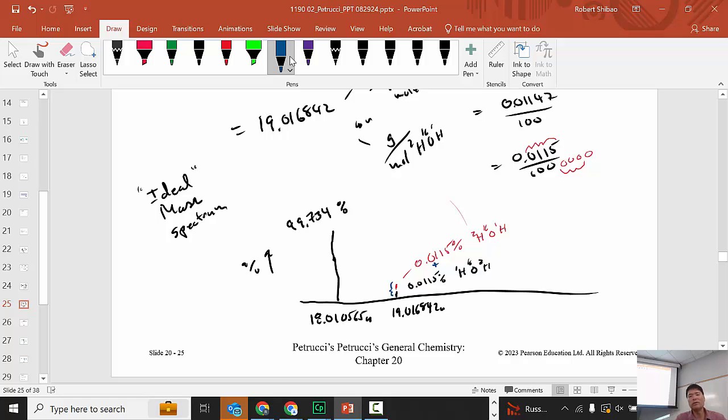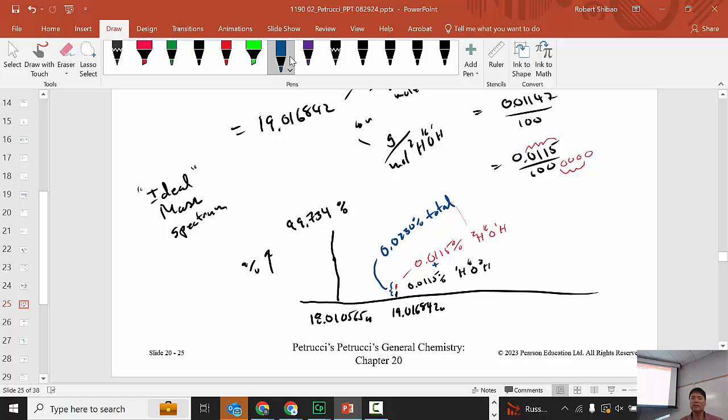In the mass spectrum, no, you aren't going to see a difference. This is just going to be one peak, but the probability of this, or the height of this peak, is going to be 0.0230% total for making this.